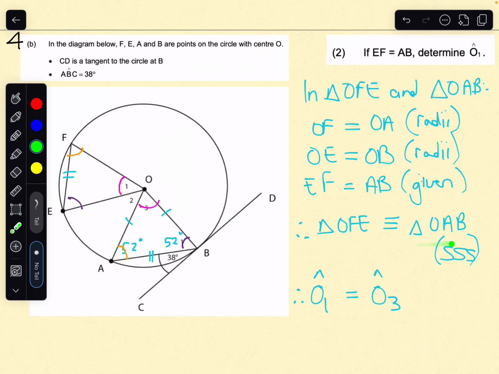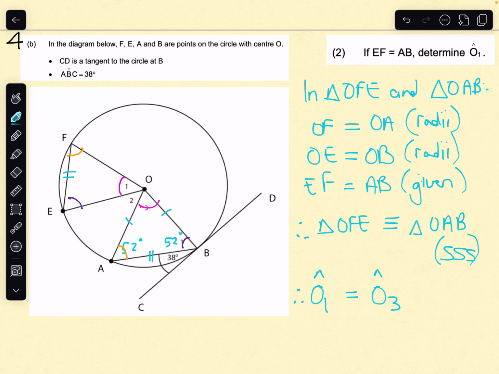This is just me reading from my statement here. So this first statement is me just saying those two are the same. And I can work out the size of O3. Sorry, I'm jumping all over the place here. This is because these two triangles are congruent.